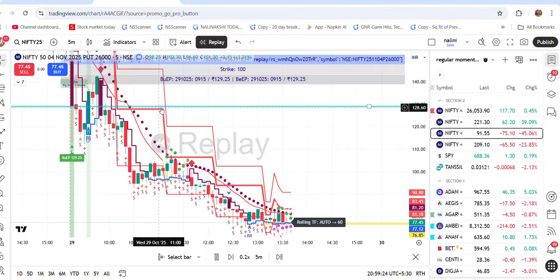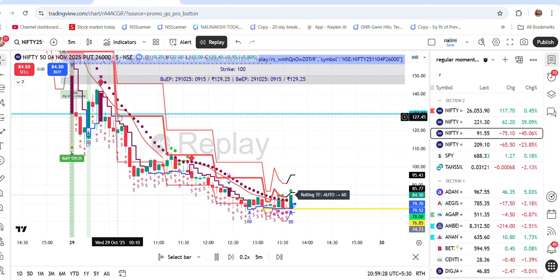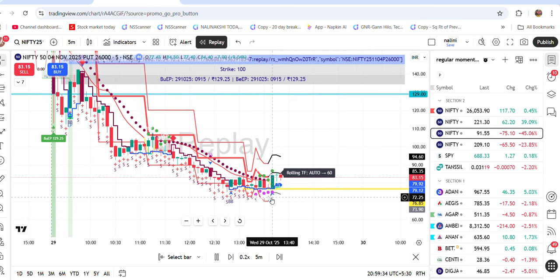The people who are selling, writing the put option, they can do that. From 129 below, if you would have taken a position, it had come down to almost 72 to 76 rupees. That is more than enough, 100, and that means 20, 30, 60 points even on that.